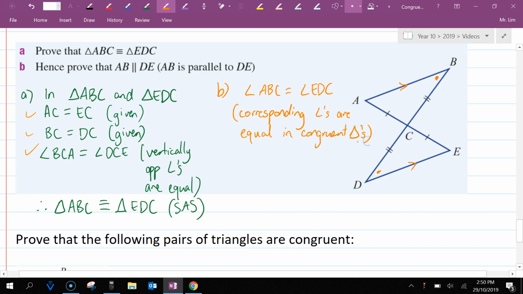What I mean by that is that they match each other. Okay, corresponding means they match, and because they are equal to each other, we can say therefore AB has to be parallel to DE because alternate angles are equal on parallel lines.